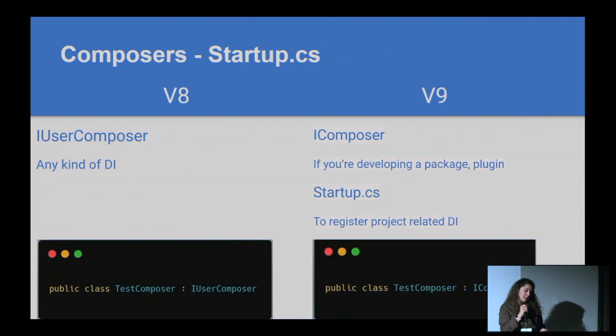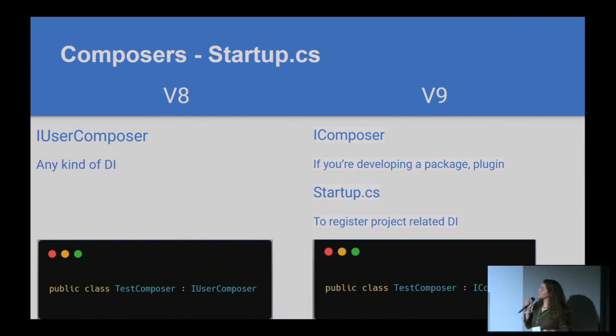So I think, oh yeah, composers and startups. In version 8, we used composers for any kind of dependency injection: your composer inherited from IUserComposer, and you could do anything from it.